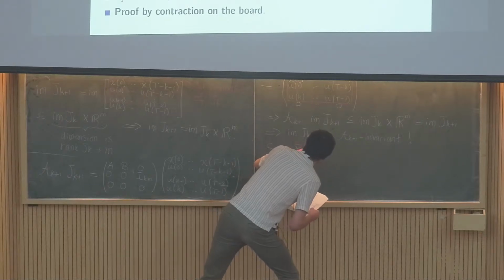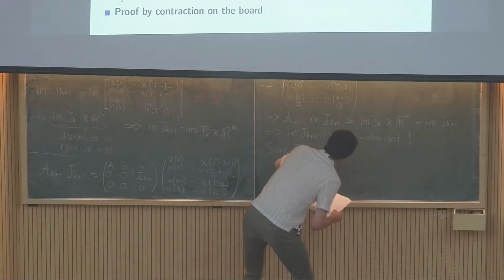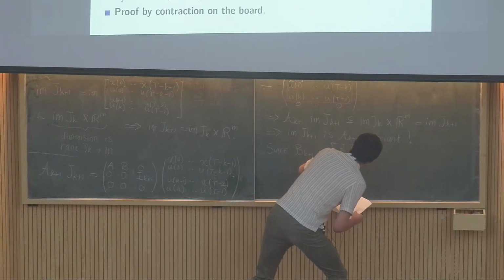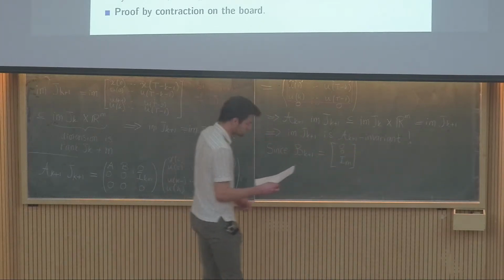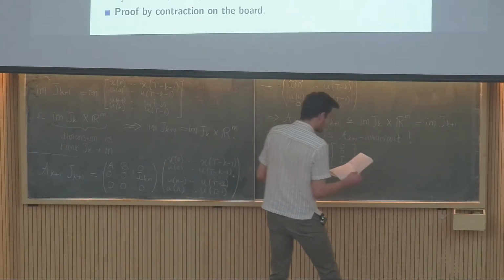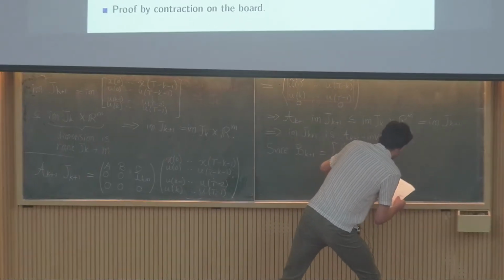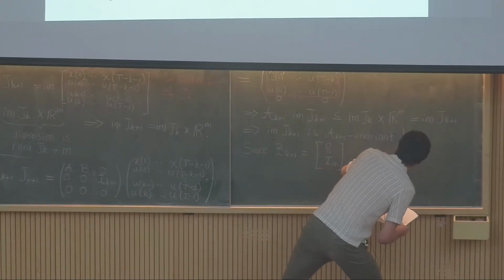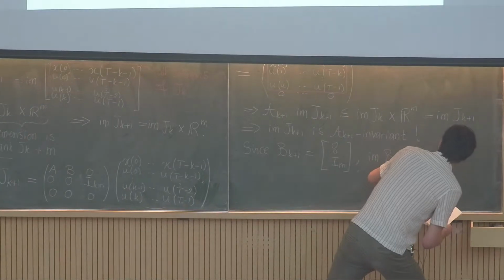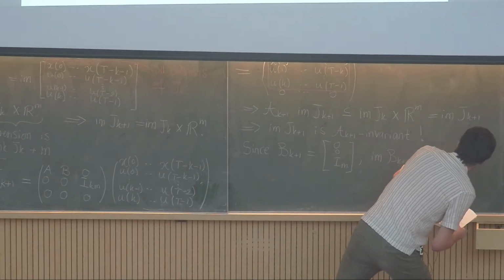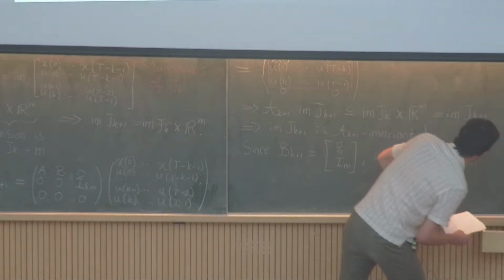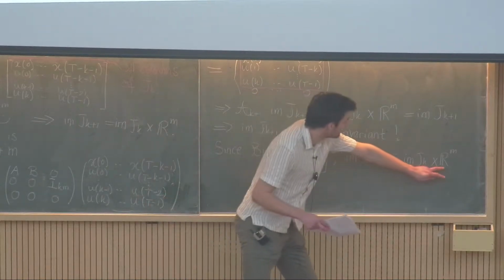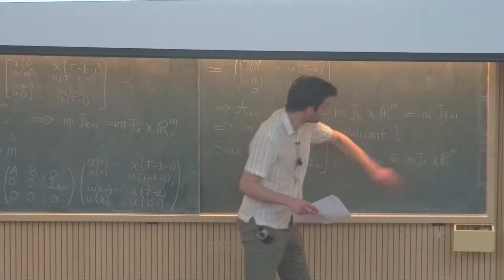Since BK plus 1 was equal to this matrix, so 0, 0, identity of size M, we obviously have that the image of BK plus 1 must be in the image of JK cross Rm. Right, because the image of identity matrix is here, and 0 is in the image of JK.